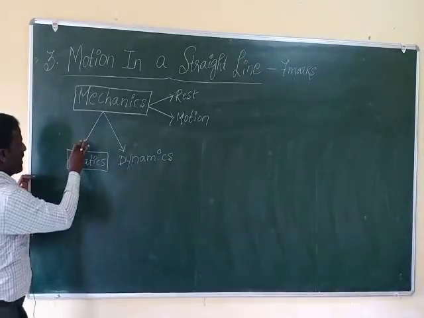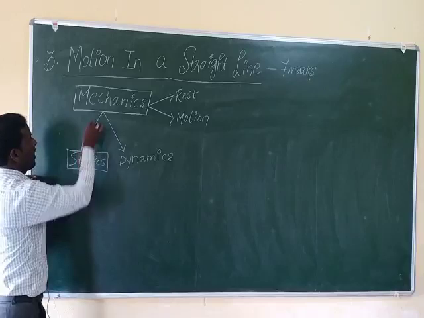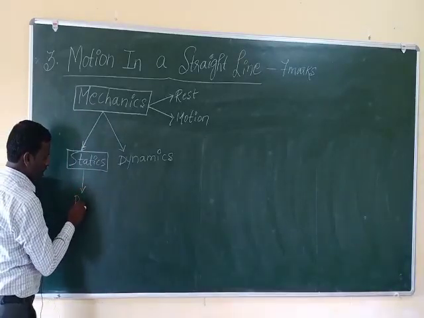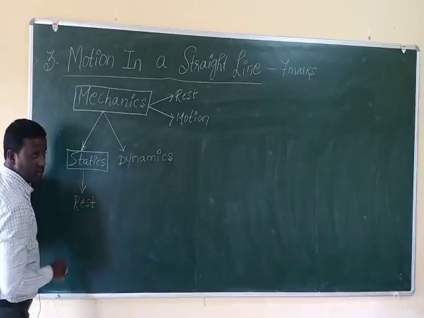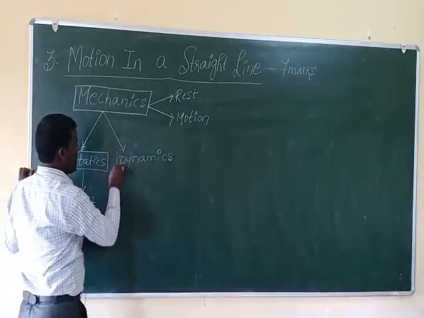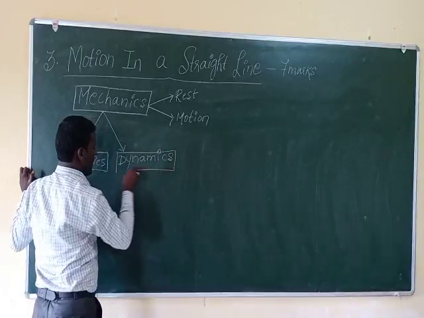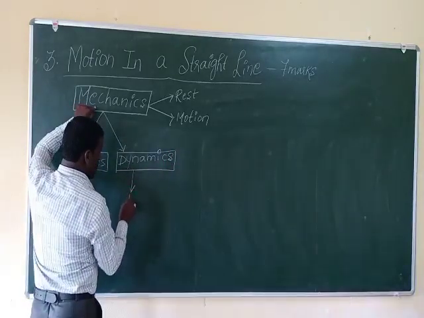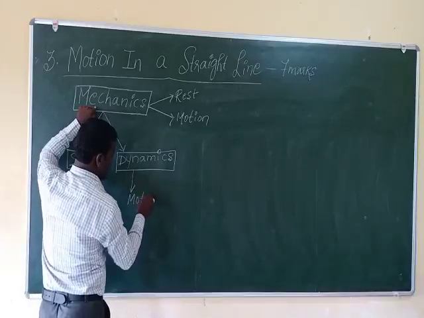Statics is the branch of mechanics which deals with the study of rest of a body. And dynamics is the branch of mechanics which deals with the study of motion of a body.